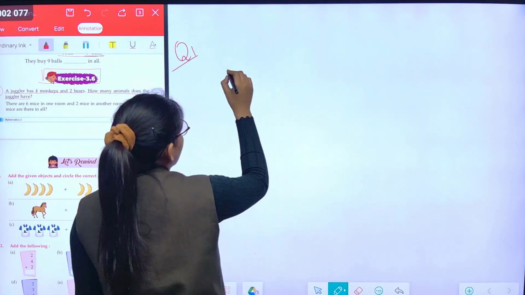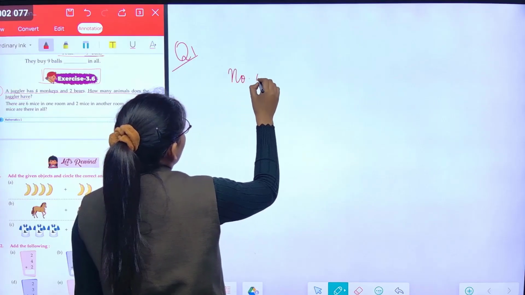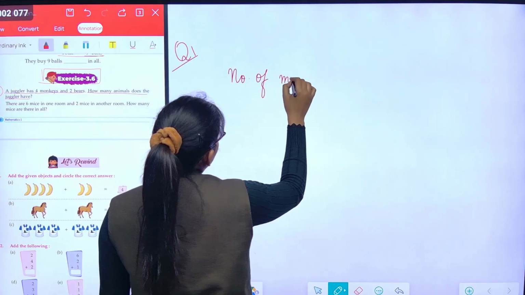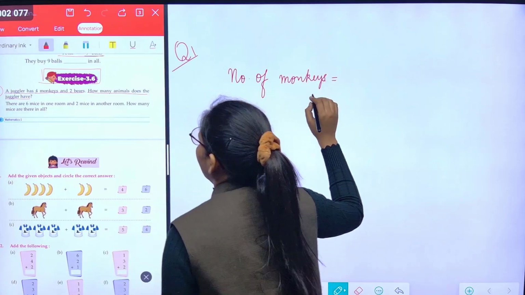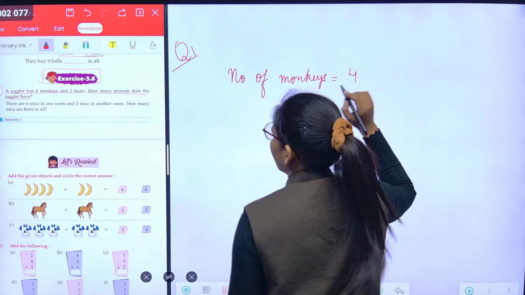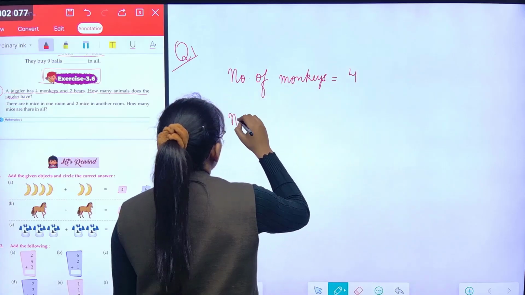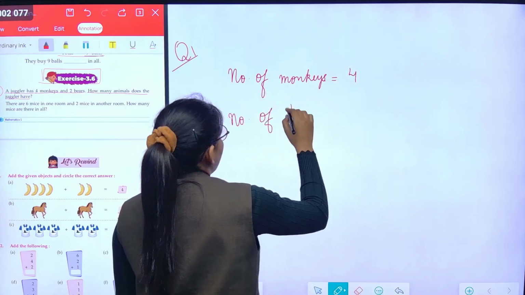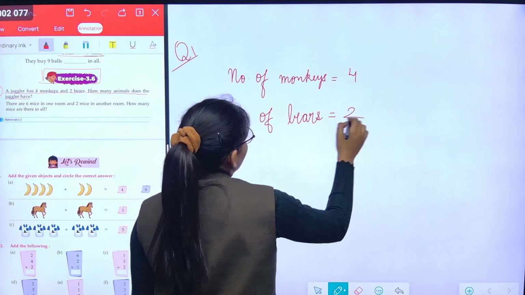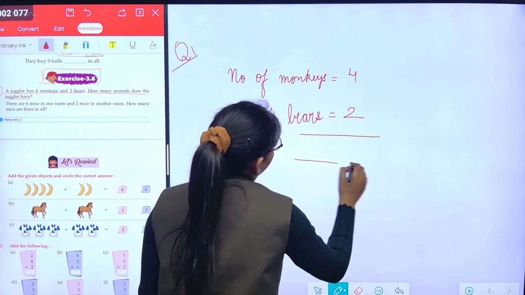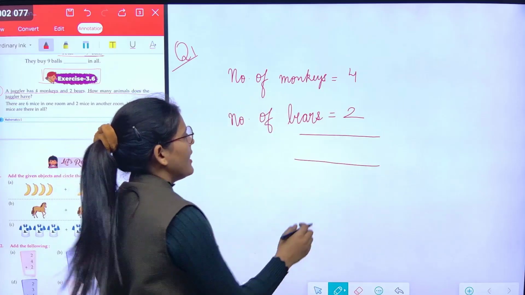Class, number of monkeys is equal to 4. Number of bears is equal to 2. Now class, add them.